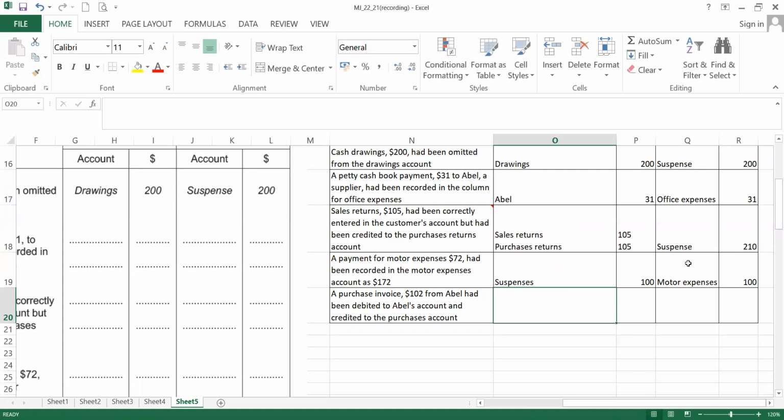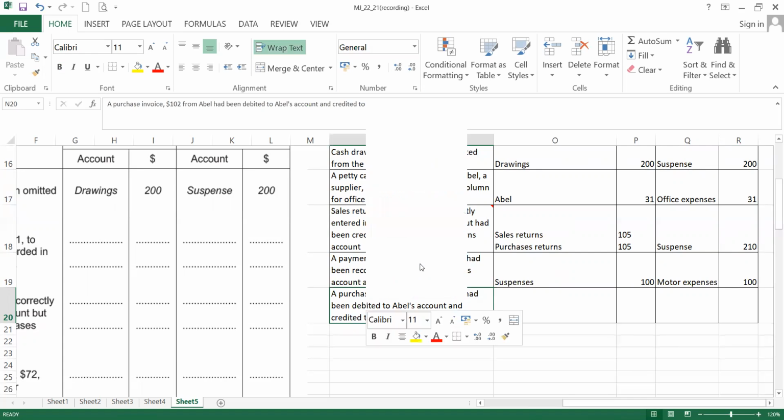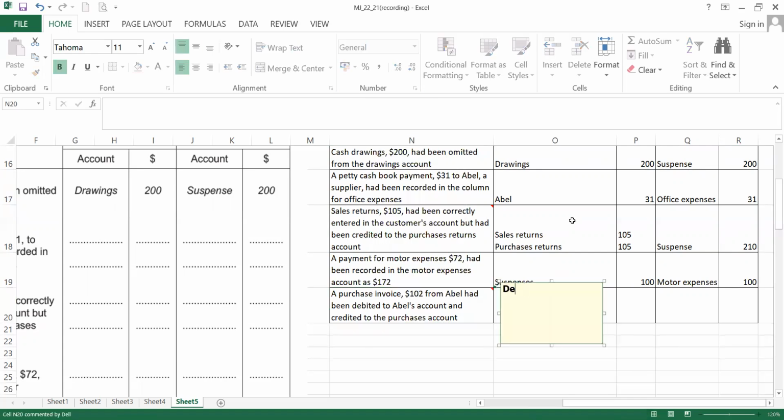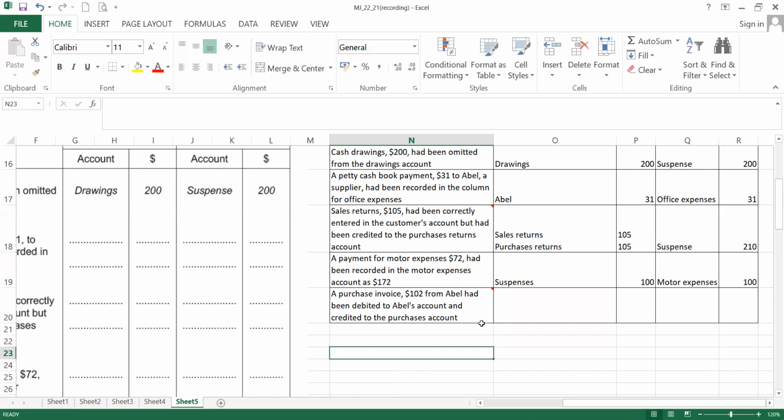Now next, a purchase invoice of 102 from RB has been debited to the RB account and credited to the purchases. The double entry for the purchases invoice should be debit purchases and credit RB, because RB is the one giving out the goods. But we made a mistake.